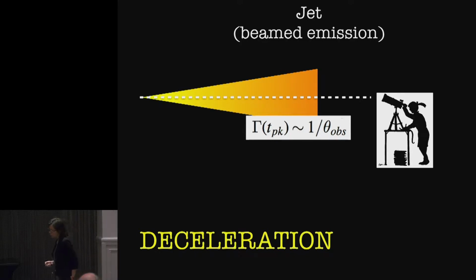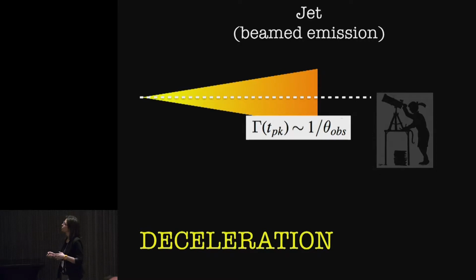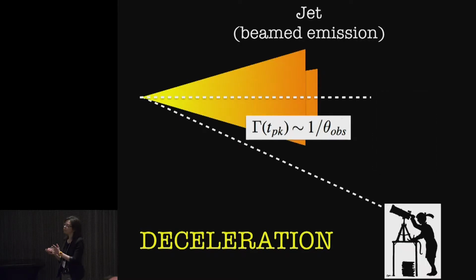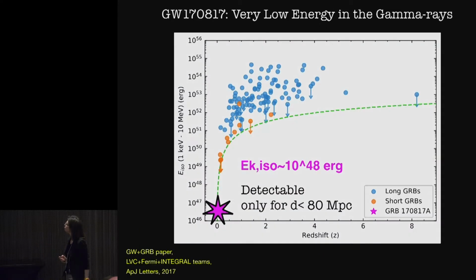So if we go instead into the regime of collimated ejecta, also in this case the key word is deceleration, because it's deceleration that is causing the beaming of the emitting radiation to open up and then reach me as an observer. So when we started, this is the picture we had in mind when we were sitting there in August waiting for LIGO triggers.